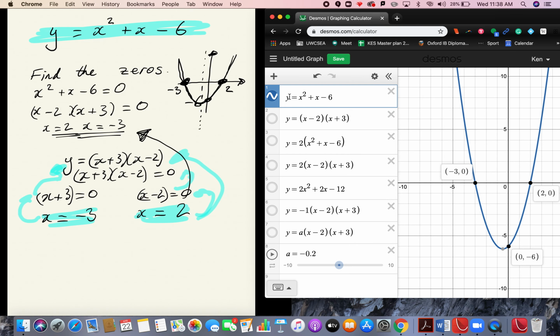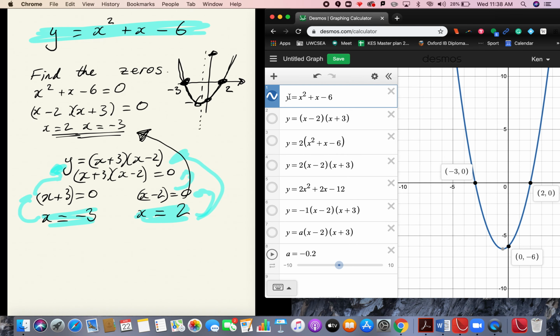Now in order to find the a here, we've just got to substitute a single xy pair of values that's on the graph that we haven't used yet. So we've used the 2, we've used the 3 here, we haven't used the 6 here. So this is when x equals 0, y equals 6. Okay, so let's substitute that in.